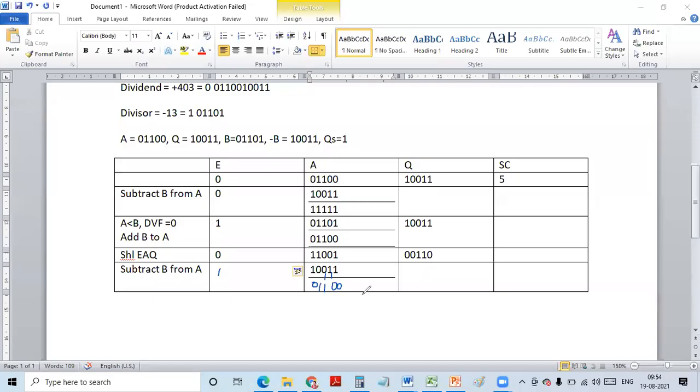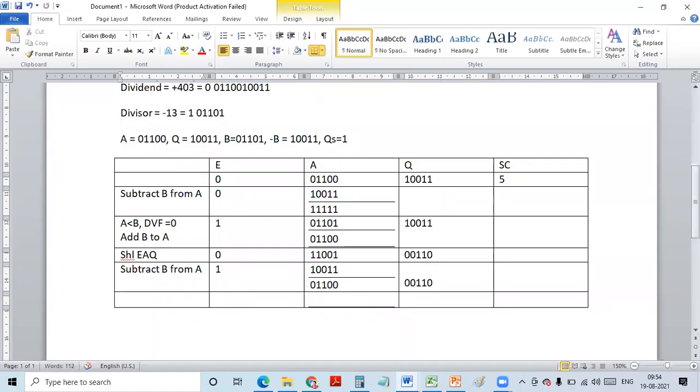Is this correct? Yes, ma'am. Right? So we are getting E as 1 and this result 0, 1, 1, 0, 0. Your Q is as it is, the same 0, 0, 1, 1, 0.